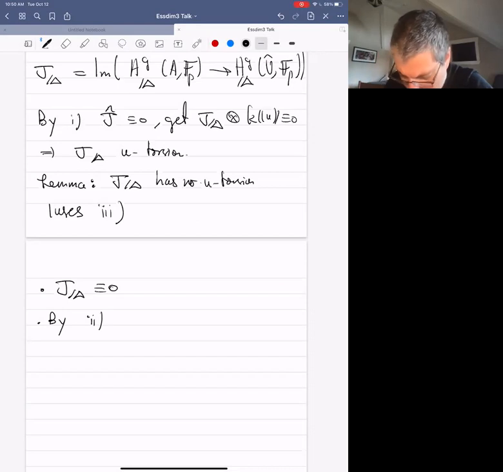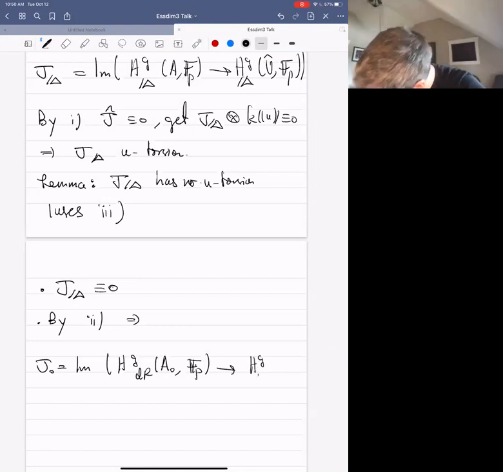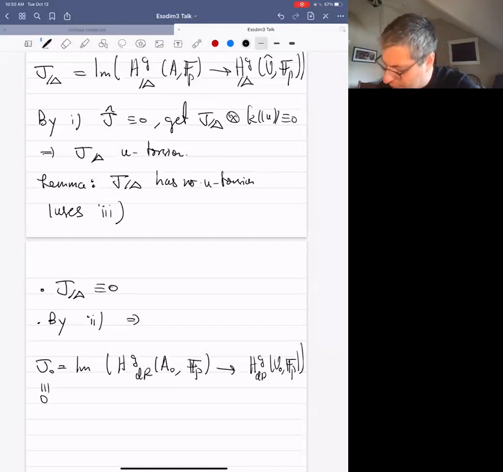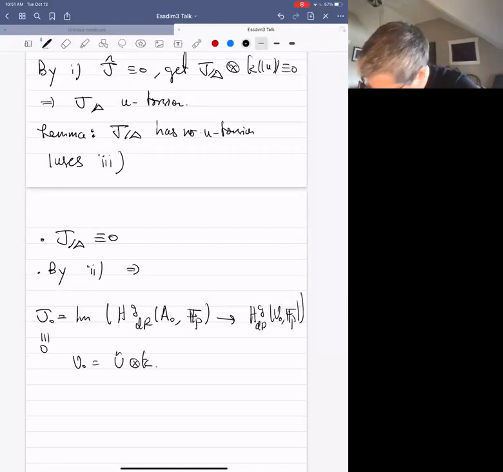So by 2, this implies that if I look at the same thing for de Rham cohomology, this is 0, right? Because from this J delta, we can get down to de Rham cohomology. Here, U naught is just a reduction. I'm not sure if I already said that, okay?